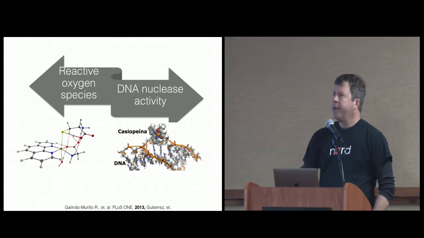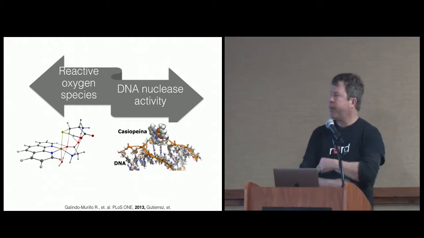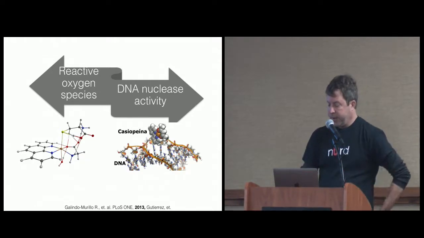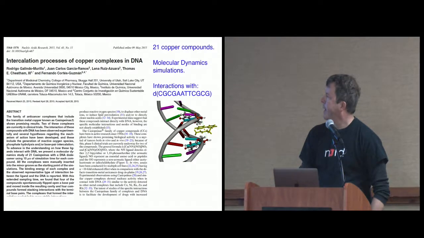And there are alternate theories on why these compounds are active. Maybe they generate reactive oxygen species, or perhaps they affect DNA nuclease activity. So we wanted to use simulations to see how these compounds would interact with DNA. The first paper was out in 2015 and talked about this in more detail with 21 copper compounds.